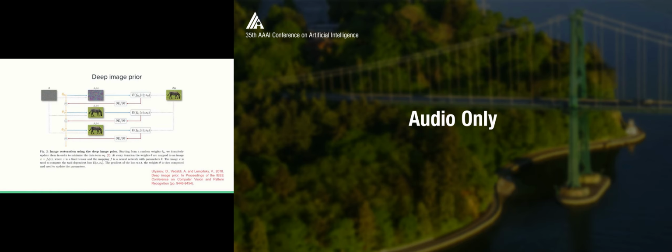One key contribution in this direction is given by this very nice and famous paper on deep image prior, which perhaps has been the first paper to show that a randomly initialized convolutional neural network contains enough structural information to act as an efficient prior in many image processing problems.